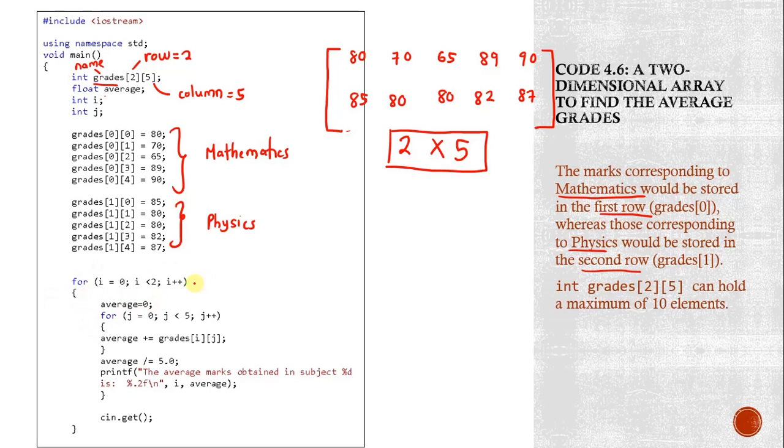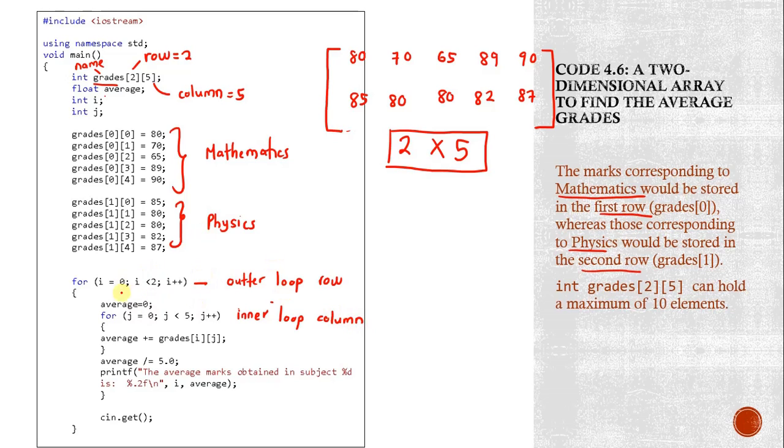Okay, in this code, I is less than 2. So this is my I here. I told you the first loop, the outer loop, is for my row, and the inner loop is for the column.